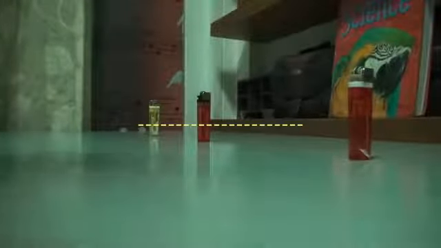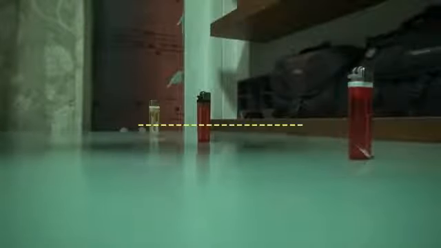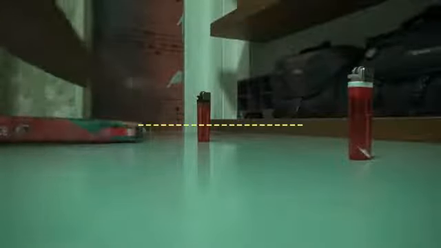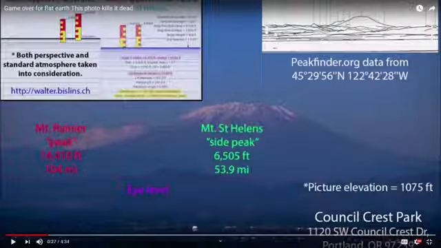But sometimes what happens is someone says, well, that mountain in the distance is higher than the mountain in the foreground. So, okay, let's make this mountain, or lighter, higher than this one.